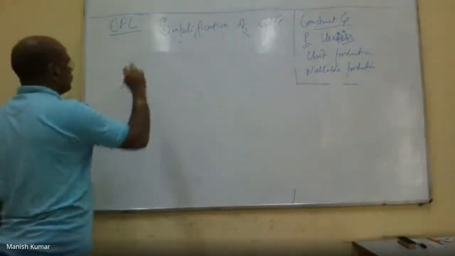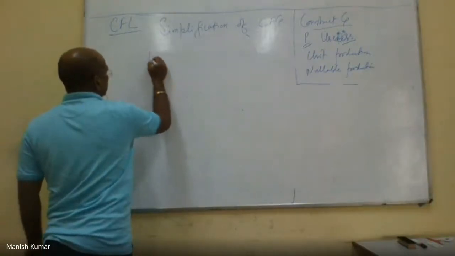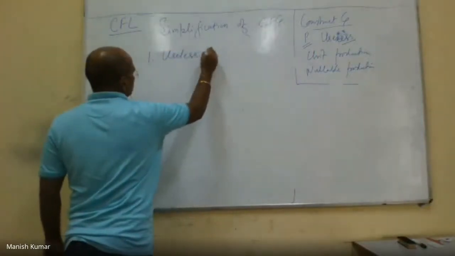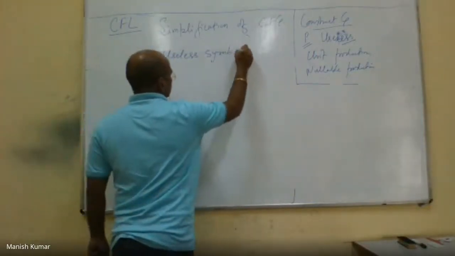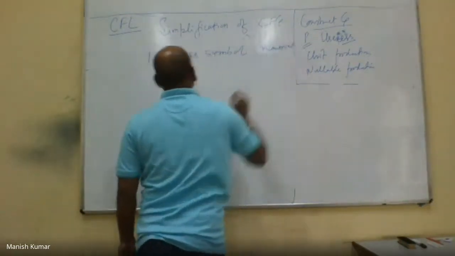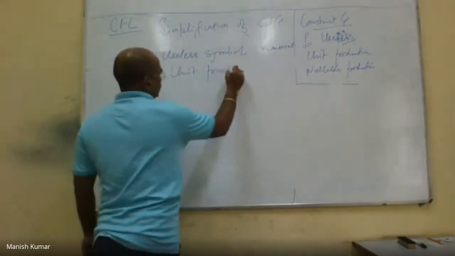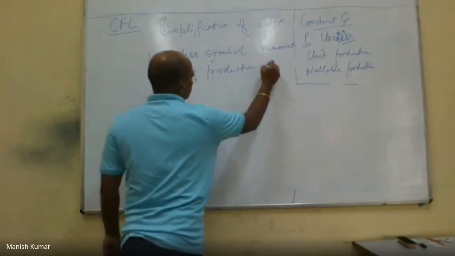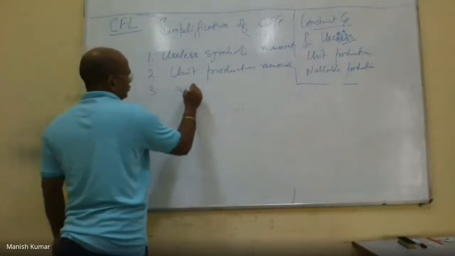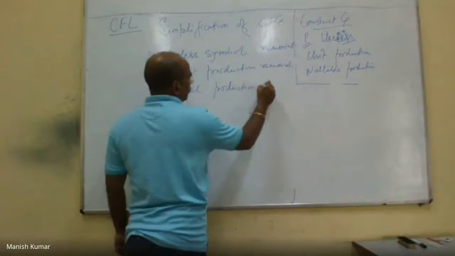So we have talked about this. What we do is we are looking for useless symbol removal, then unit production removal, and then null production removal.